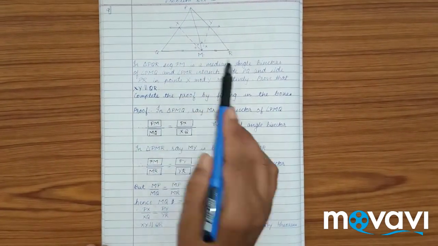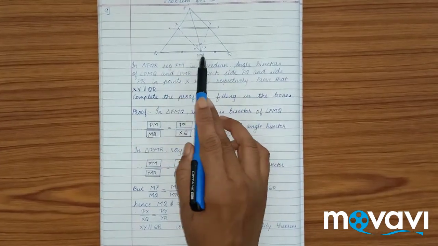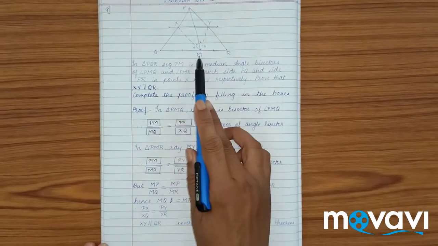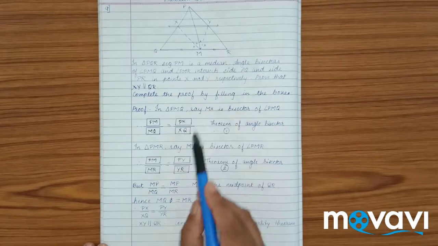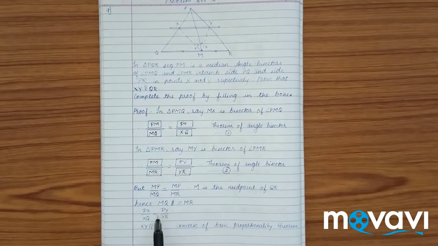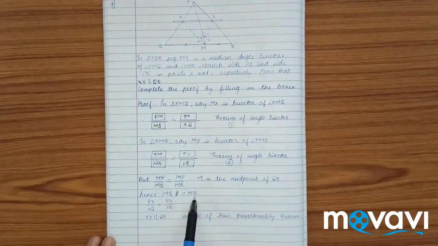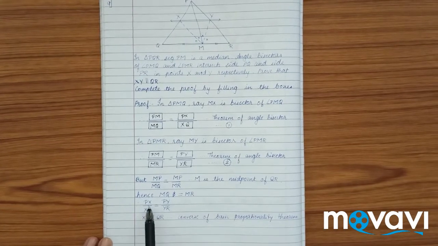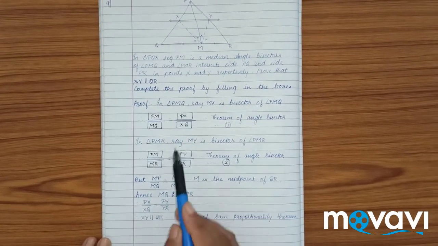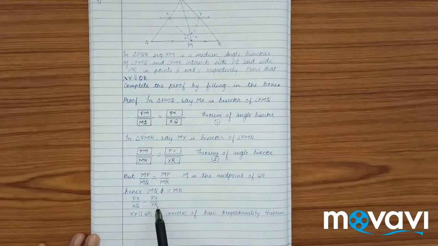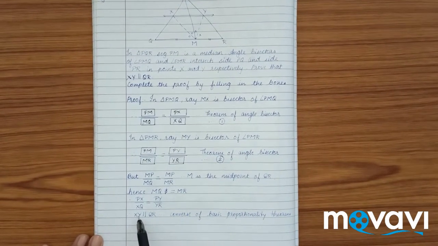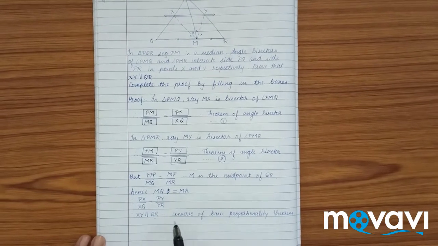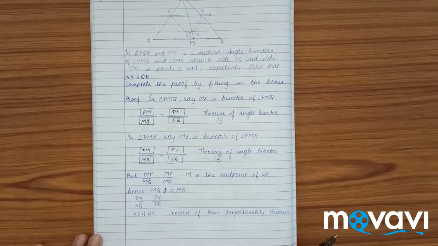Because M is the midpoint. Because this is given as median. If this is median, it joins the midpoint, meaning QM is equal to MR. That's why from this we can say that MQ is equal to MR. Therefore, PX upon XQ from the first step is equal to PY upon YR, and XY is parallel to QR. That is the converse of the basic proportionality theorem.